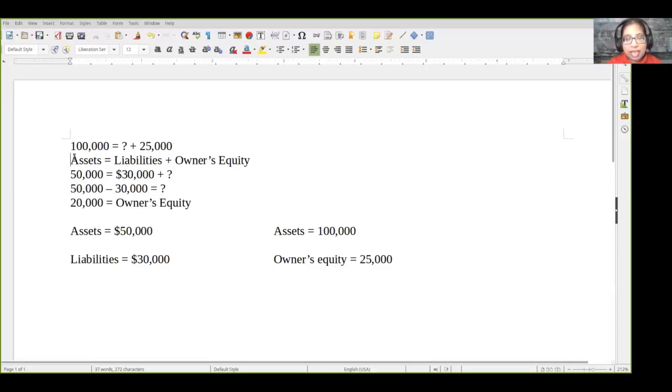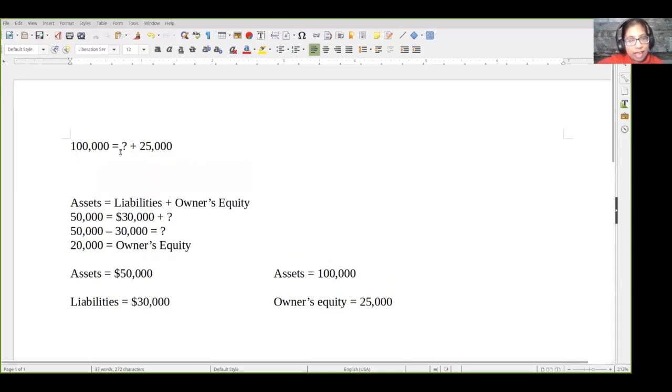So we need to find the liabilities in this case. And it's simply 100,000 minus 25,000. Okay, so very simple. Once you know how to minus or subtract and add, this is a fairly easy exercise.